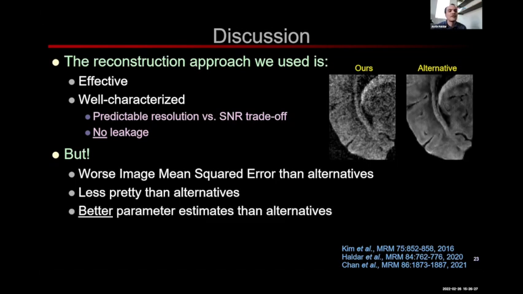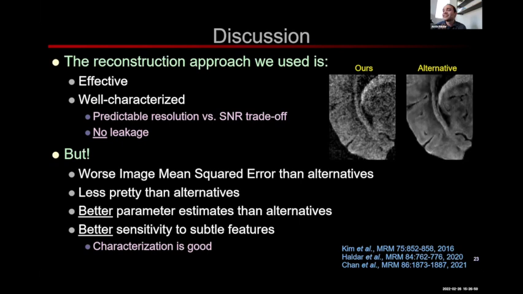Well, it turns out that if you look at quantitative parameter maps, you actually get much better results with our approach, and you actually get much better sensitivity to subtle pathological features. And this is something that I think is important to keep in mind when you're looking at advanced reconstruction techniques these days, that characterization is something that's really good.